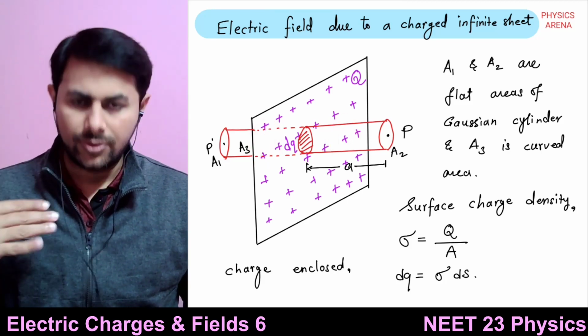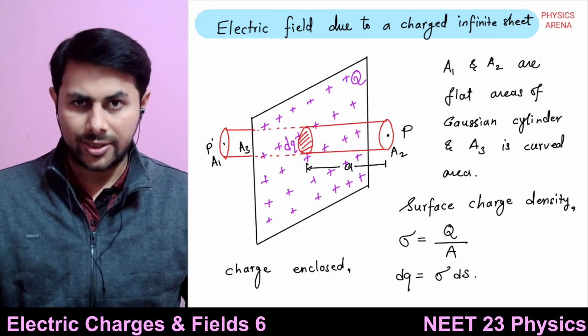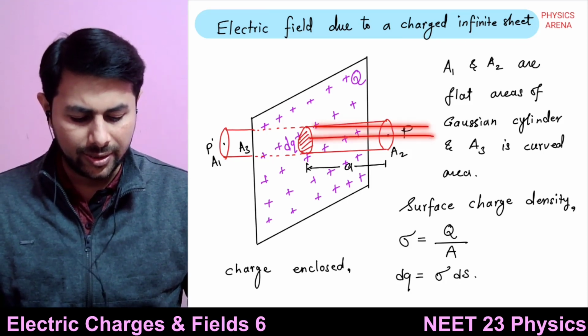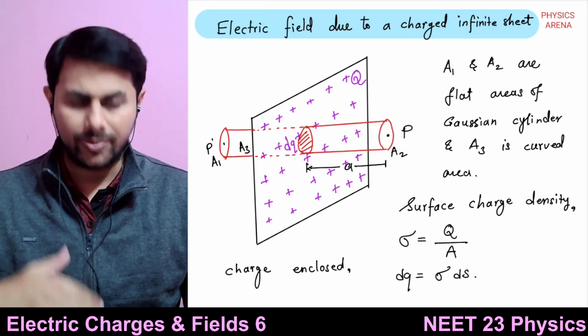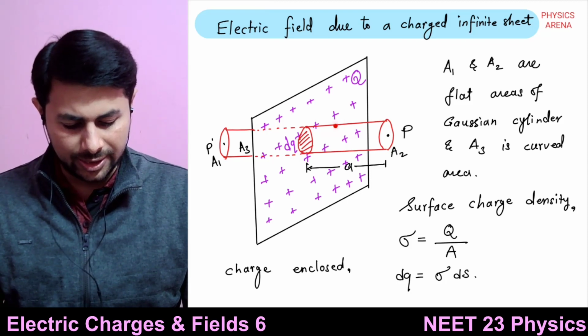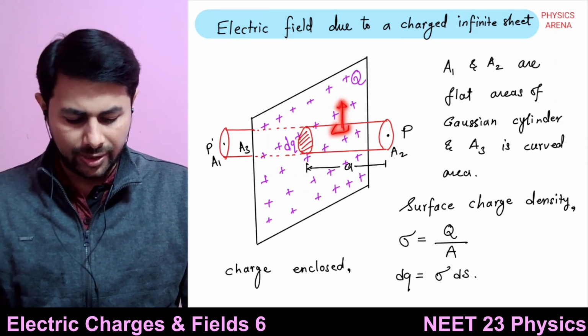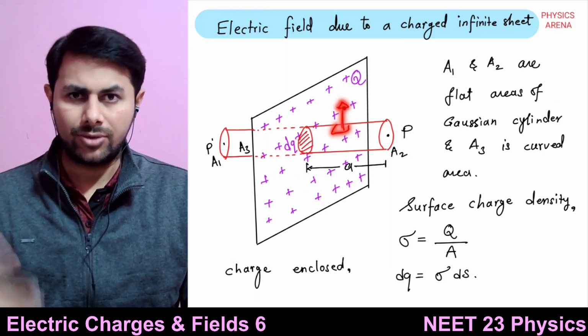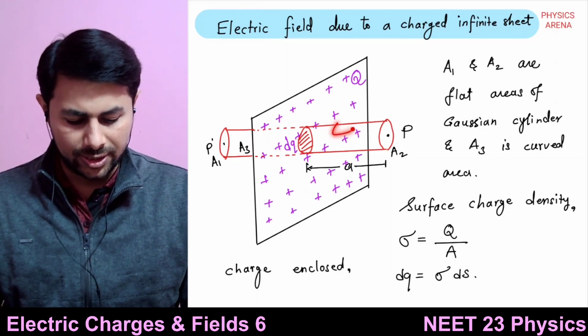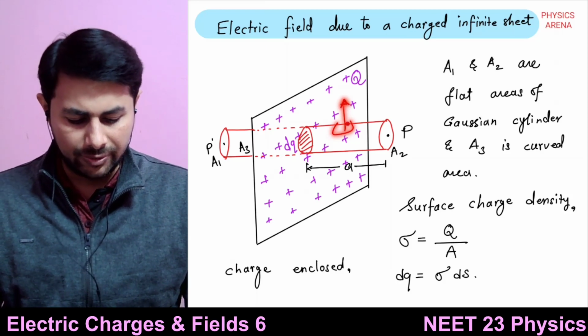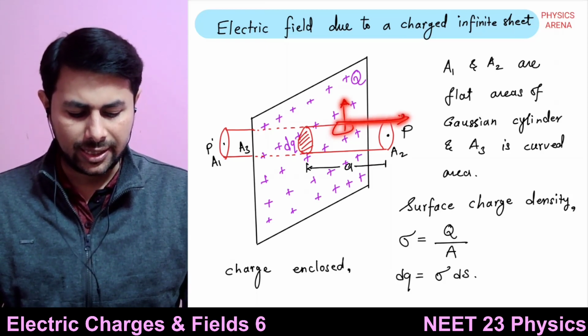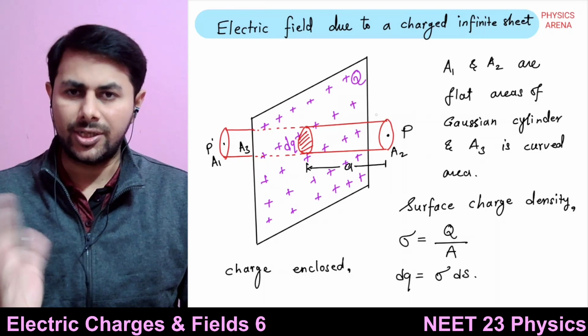No flux is passing through the curved region because electric field lines are perpendicular to the area vector there. If you take any small surface on the curved region, the area vector is perpendicular to the plane of area, while the electric field lines are perpendicular to the plane of the sheet.